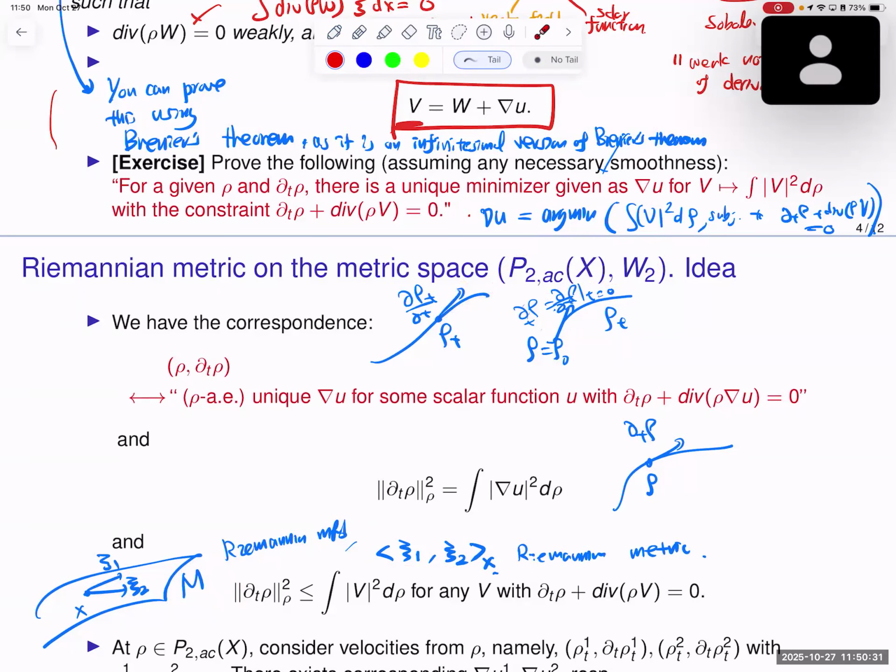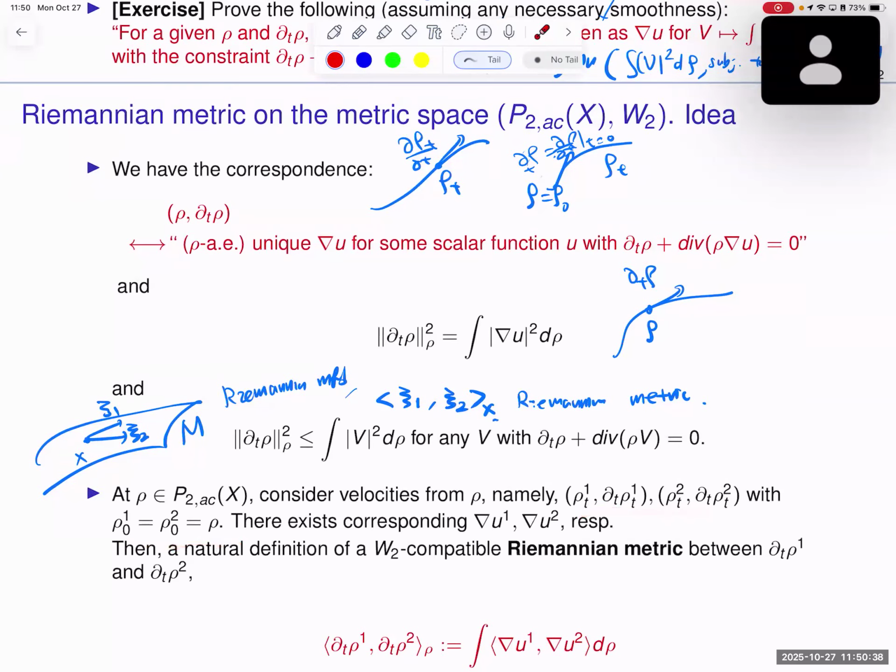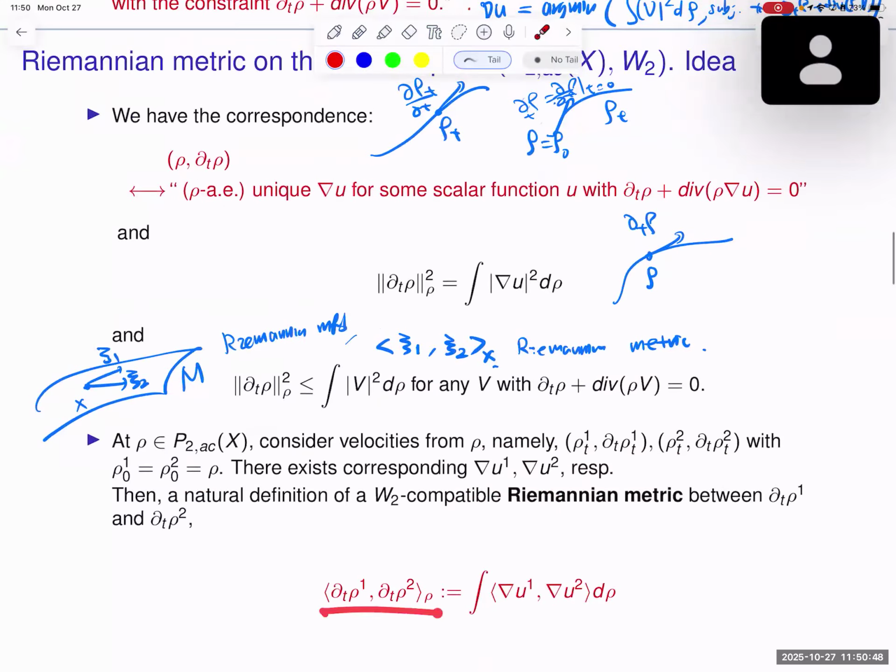Given two curves, we have these velocity vectors, and each of them corresponds to the gradient of some function. Then the Riemannian metric, which is consistent with this W2 norm of the velocity, is nothing but this expression. You just replace the norm with the inner product of your underlying space.